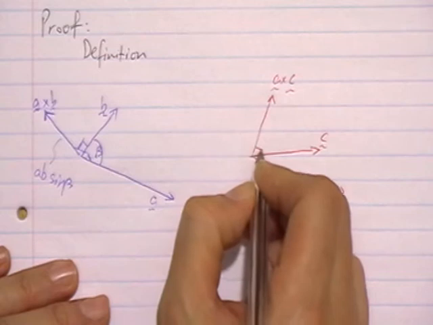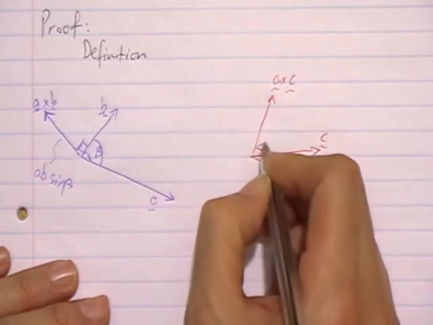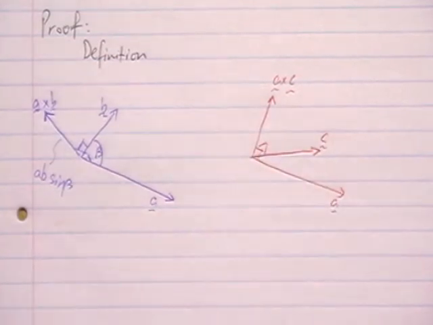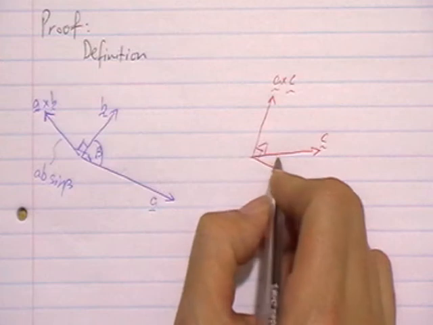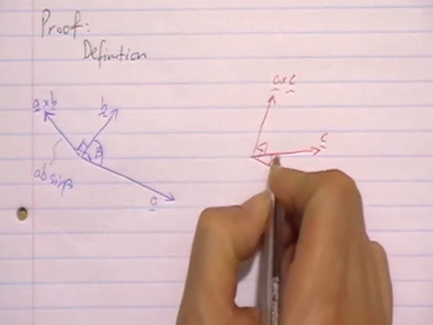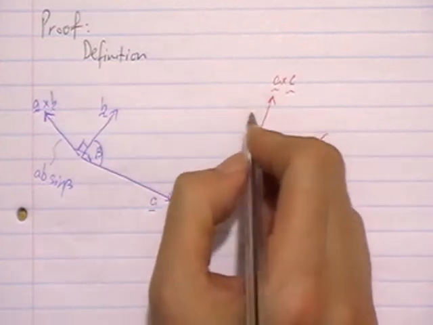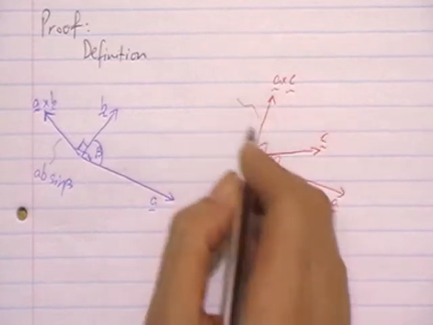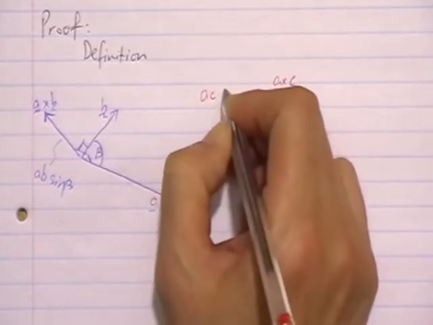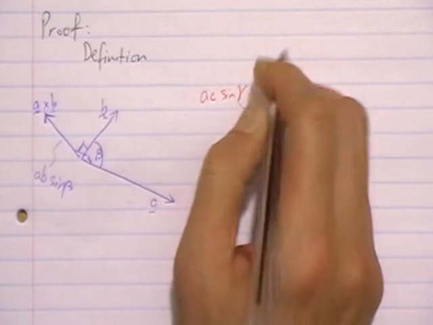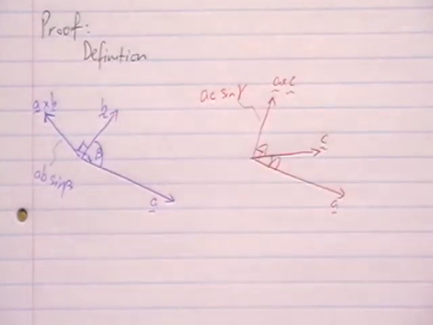Okay, so this is perpendicular to this and perpendicular to that. That's supposed to be in 3D as well. And if this angle in between A and C is gamma, then the length of this vector should be AC sine gamma.